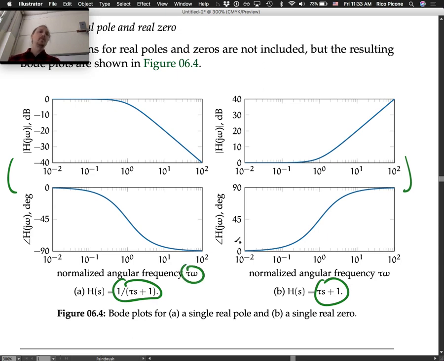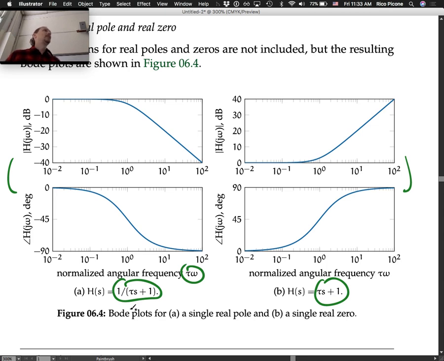So instead of representing these as being omega on the horizontal axis, we're using the product of omega and tau, okay? Where tau is that time constant. It's really useful because when you plug in S equals j omega, tau and omega always show up together.